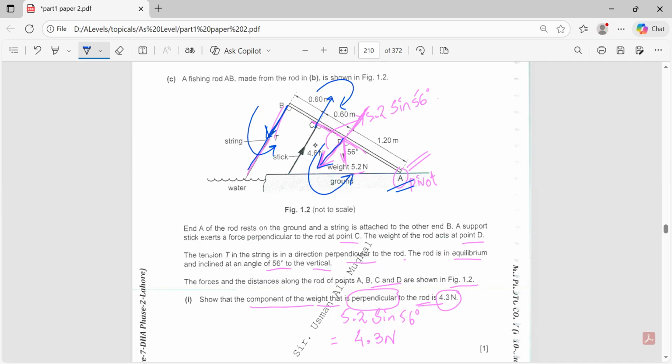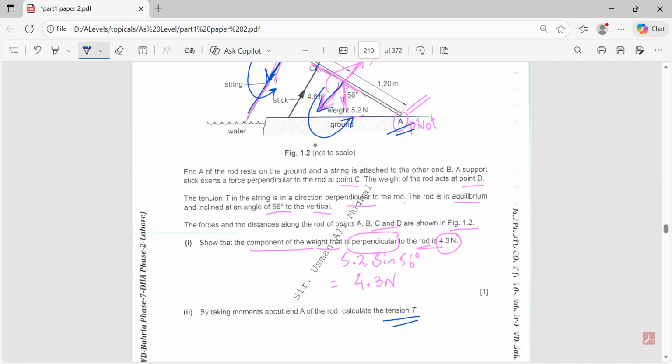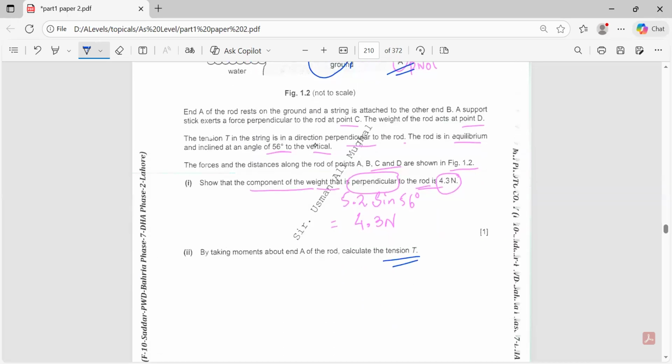So what will be the relation with us? The relation of the forces with us will be somewhat like this. T multiplied by 2.4 plus 4.3 multiplied by 1.2 will be equal to 4.6 multiplied by 1.8.